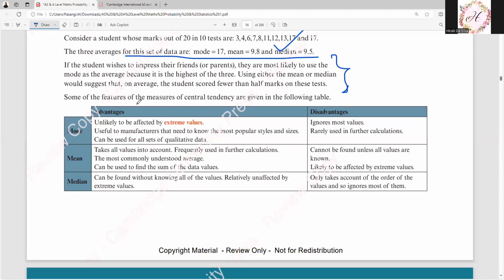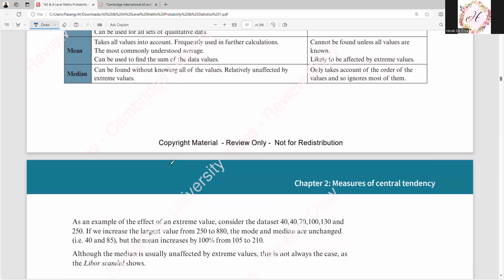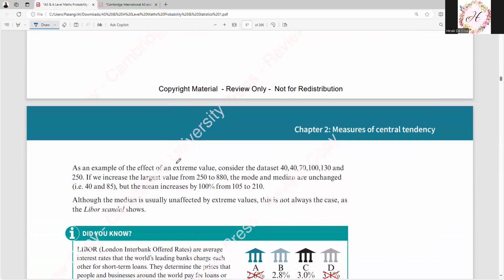All these are advantages, and here they have given the disadvantages of these. Again, when we use values, what are the disadvantages we will find. That is a quick comparison between those.